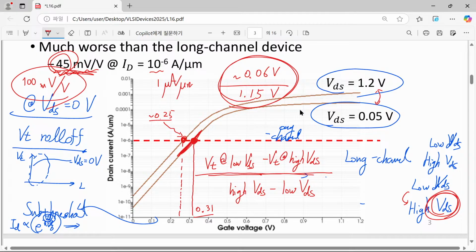If we have, say, 10 millivolt per volt as a DIBL, then we say that it's acceptable. So which one is a good number and which one is a bad number? If you have it as low as possible, then you will love it.